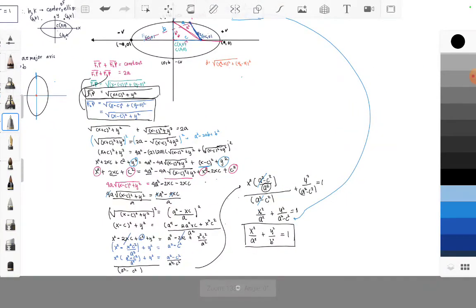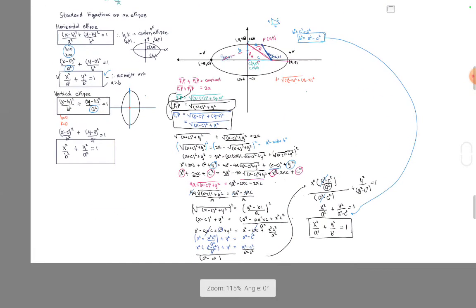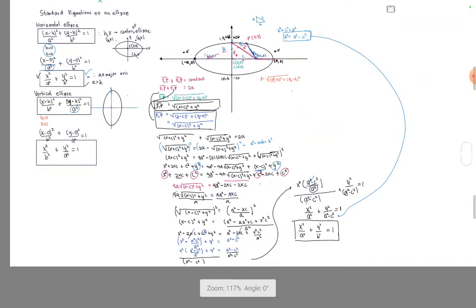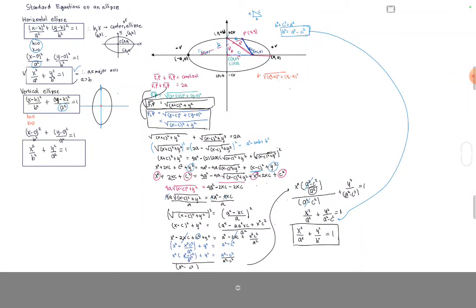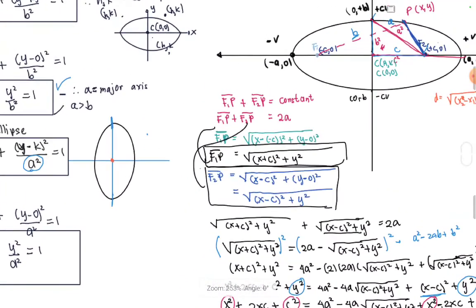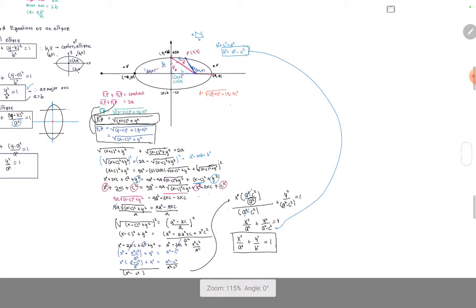Take note that my derivation is similar to the derivation of the vertical ellipse, only that, of course, if you have a vertical ellipse, you will change your foci, in which your foci will be parallel to your y-axis and perpendicular to your x-axis.